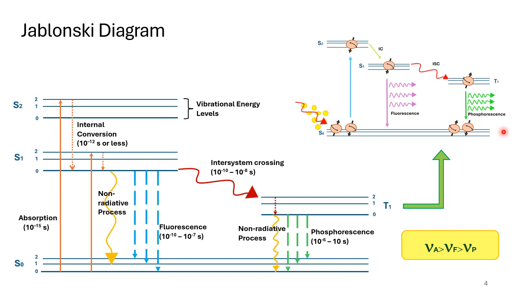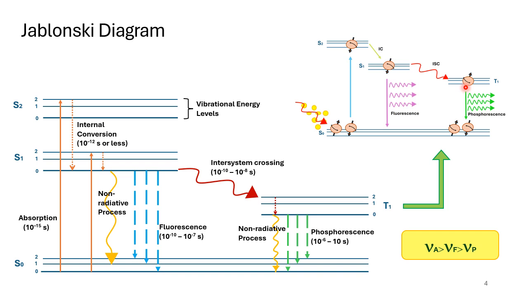So here I have again shown the singlet state and triplet state, and what's actually happening. When the electron is getting excited, the spin is not getting changed after excitation, but here we can see that after intersystem crossing the spin is getting changed.